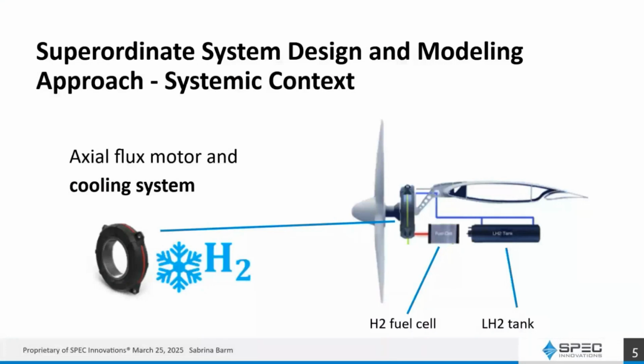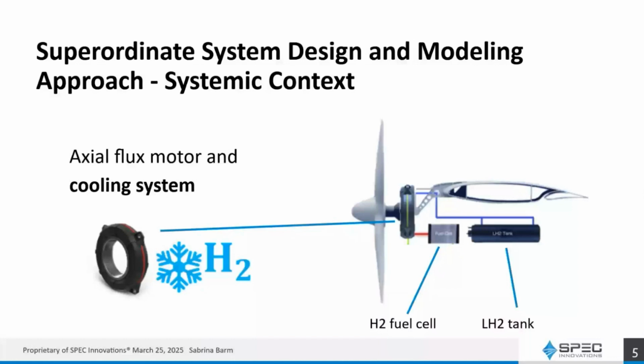Now, the systemic context we're looking at is a hydrogen fuel cell powertrain for a regional distance aircraft. The hydrogen as energy carrier for the powertrain is stored in liquid form, in cryogenic form, which is really cold. It has a temperature of about 20 Kelvin or minus 250 degrees Celsius. I'm sorry, I don't know what that would be in Fahrenheit.